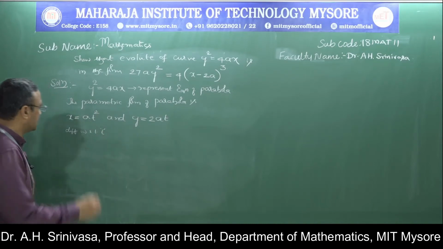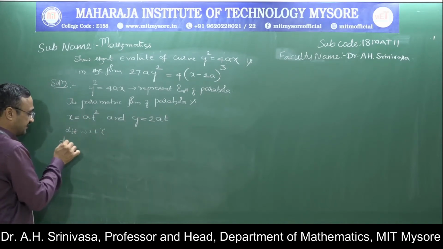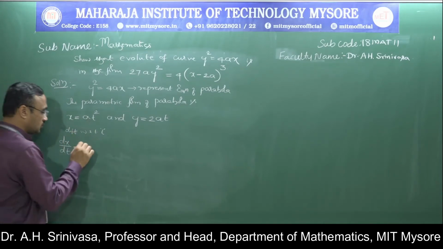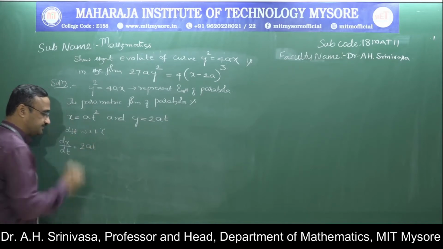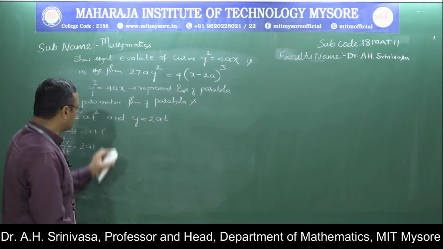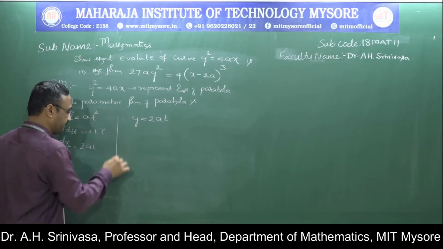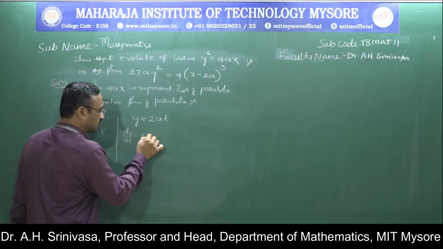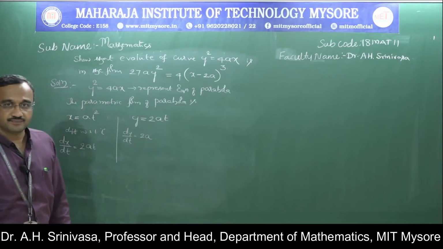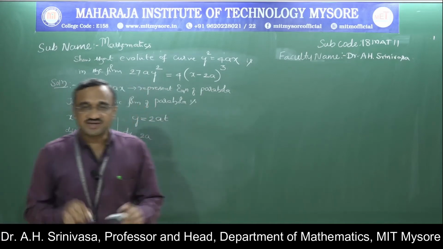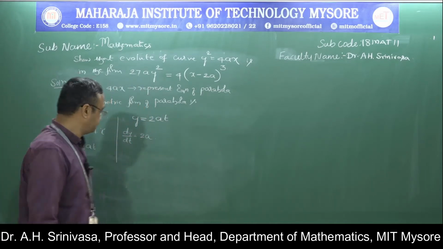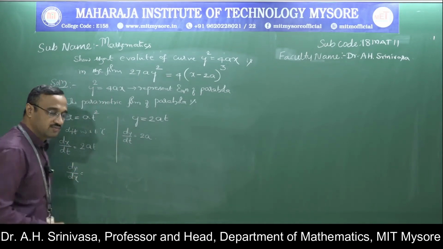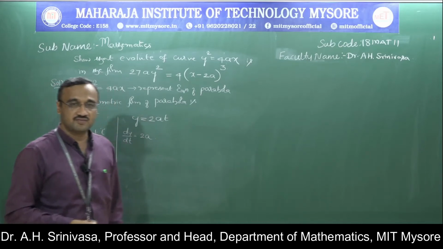If we differentiate this with respect to t, we get dx by dt equal to 2 times of at. Then again we differentiate the other one, and dy by dt becomes 2 times of a. What is the next step? I want dy by dx. Now dy by dx, in parametric form, is converted to an ordinary derivative of two variables.